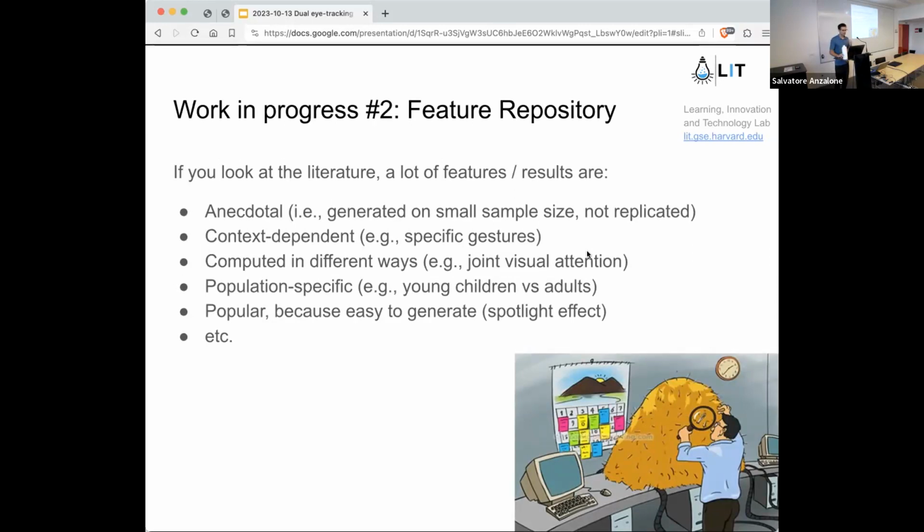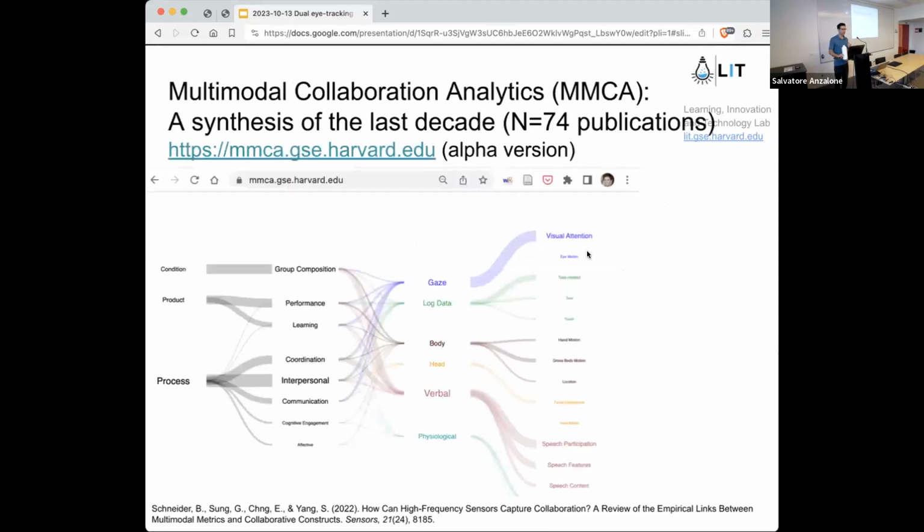And so last year we published a paper where we did a review on this field of multimodal collaboration analytics. Basically, what are interesting multimodal indicators of collaboration using sensor-generated data or automatically generated data? As part of this paper, we also built this website that you can access at mmca.gsc.harvard.edu.